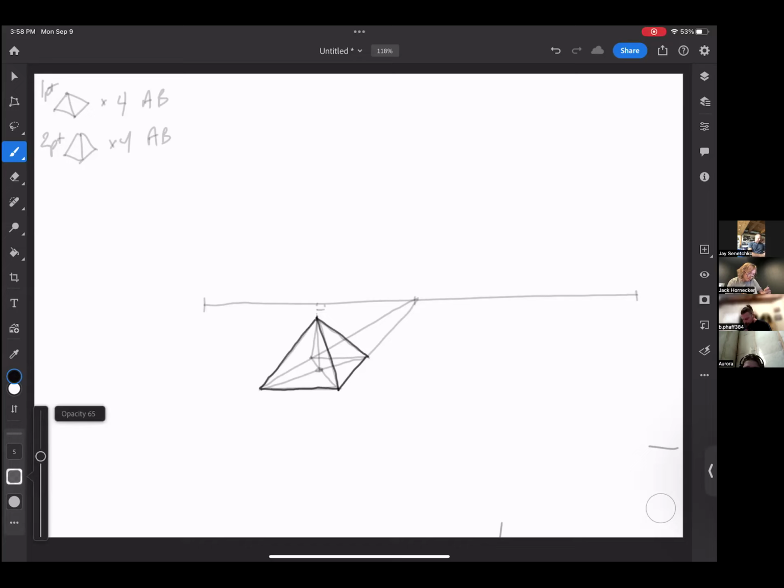Now, this is where things start to go weird for people, potentially, because I can do the exact same drawing, go through the exact same steps, but now I start to darken different lines.